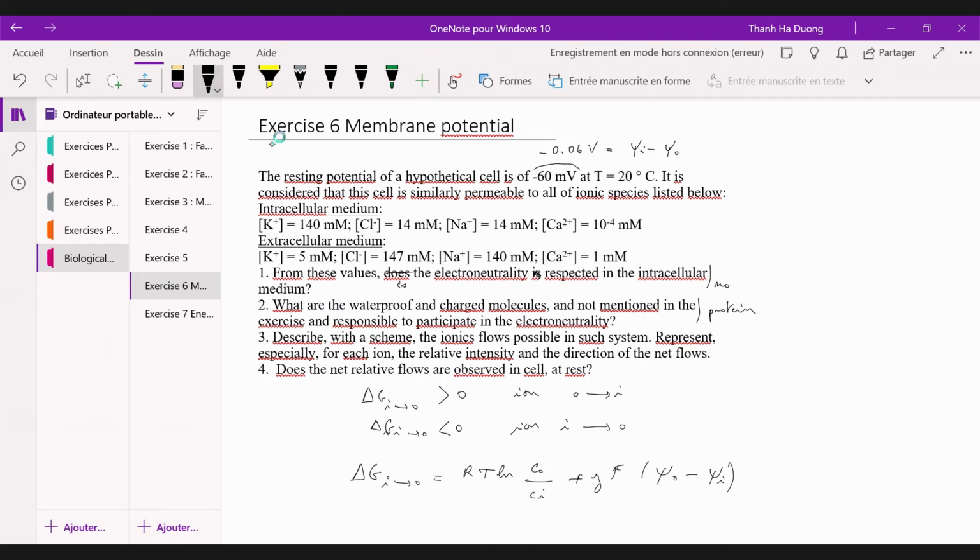So maybe you can do that for homework and calculate for each ion, yes? Otherwise we can calculate this, but maybe we can finish with this exercise.